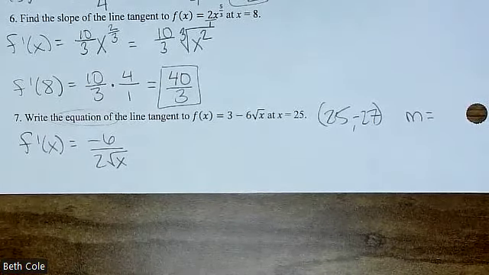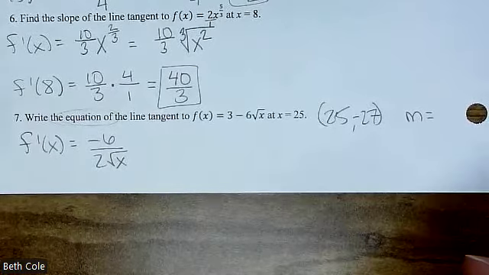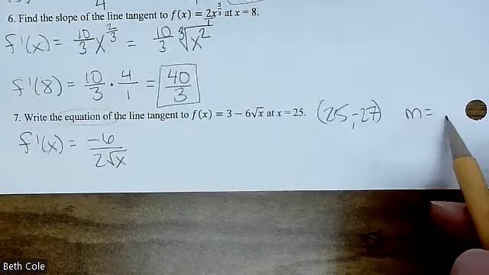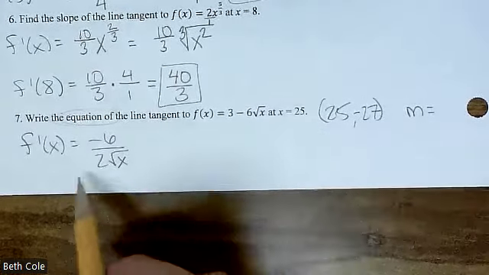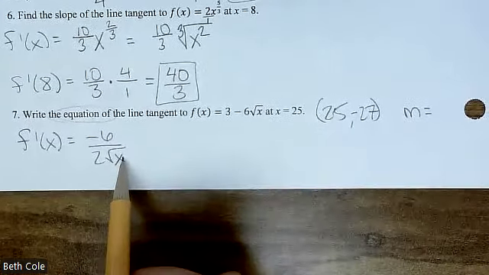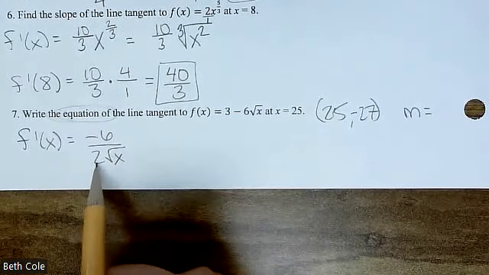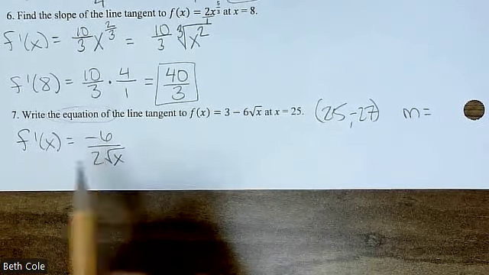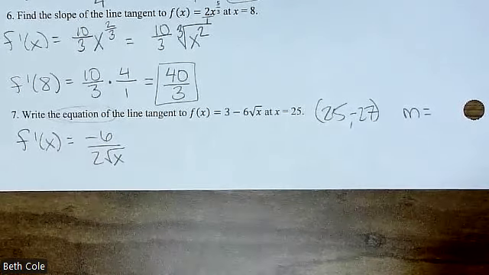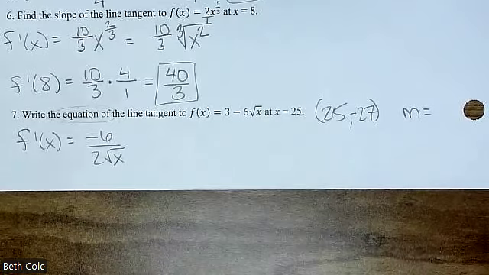It's just a coefficient. And then what are we going to plug into that to get our slope? Good, 25. That's your point of tangency. Square root of 25, 5 times 2, 10. Negative 6/10. What is that? Negative 3/5.